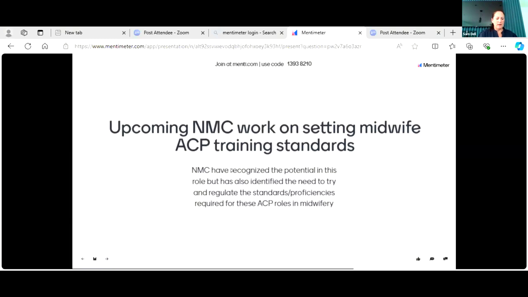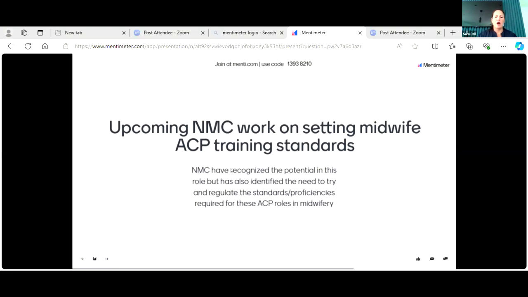Ultimately, my skills in triage will be very different to someone who's on delivery suite. But the essential underlying features of being able to clinically assess a patient from top to toe will remain the same. Our prescribing practices will remain the same. So there are generalistic standards that we need to meet, but then with the added specific triage area or delivery suite area or postnatal area standards that would be required from that perspective.